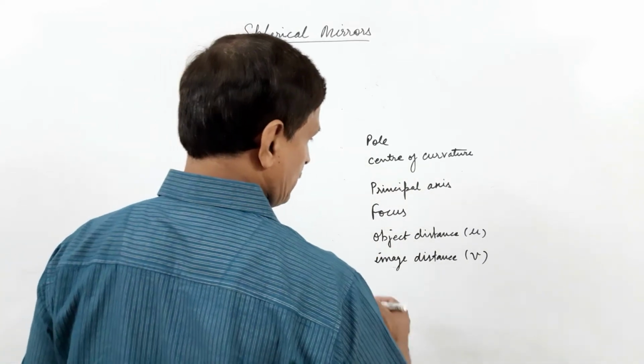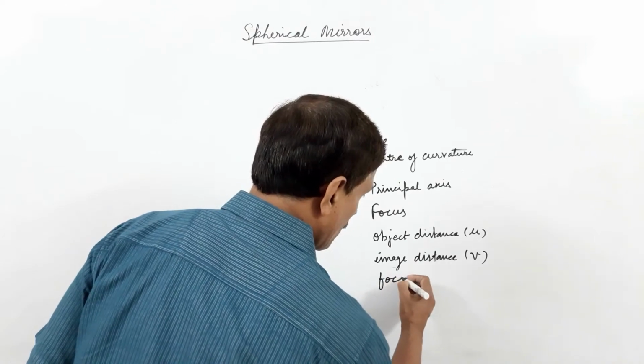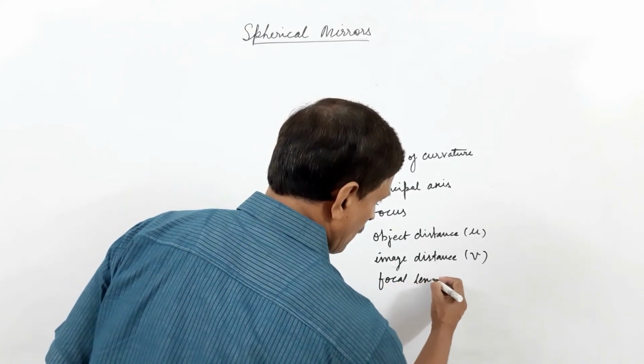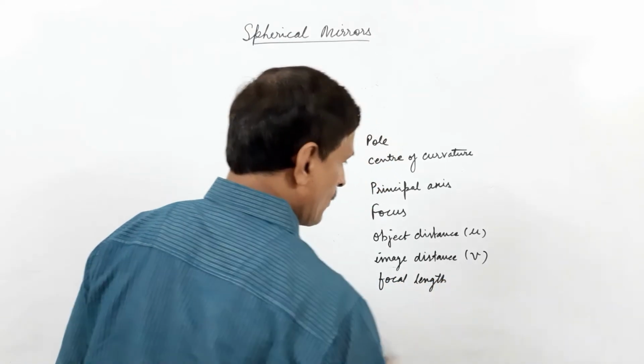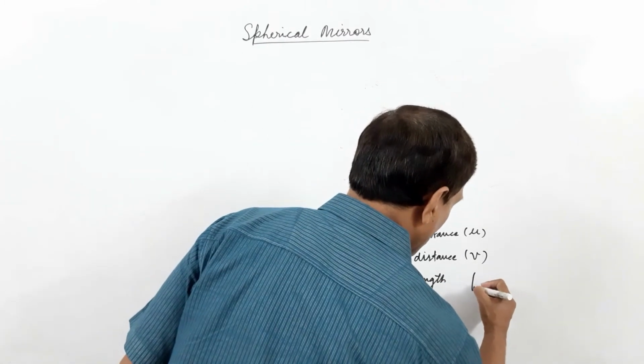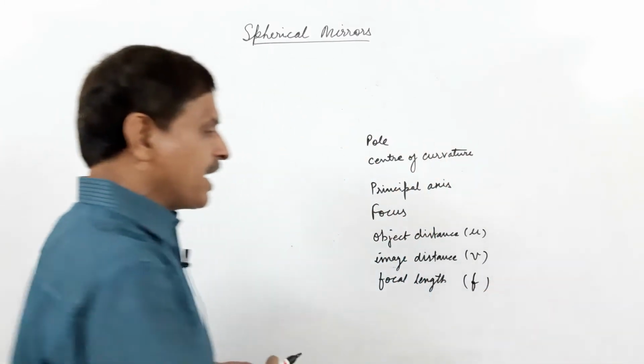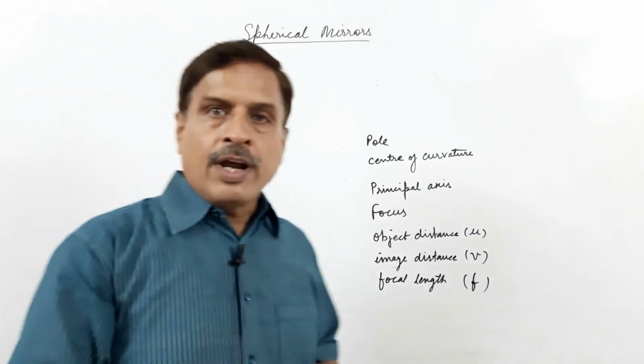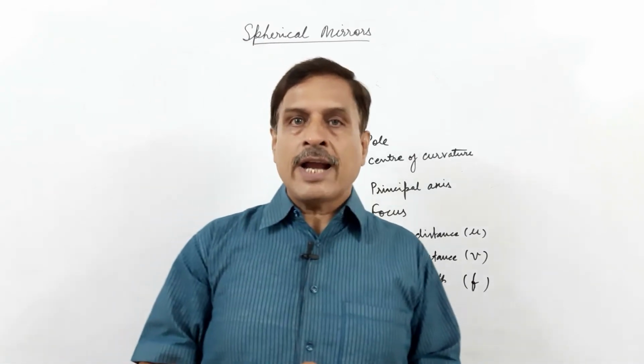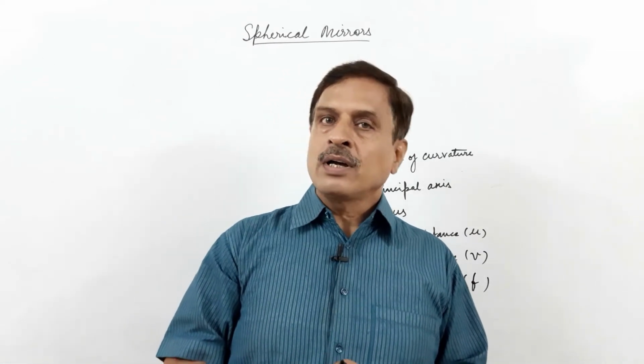Focal length, denoted by f, is the distance between the pole and focus of the mirror.